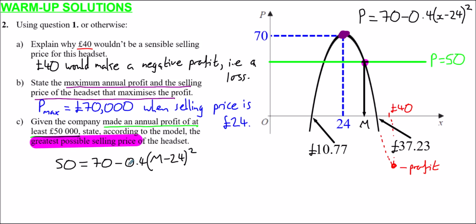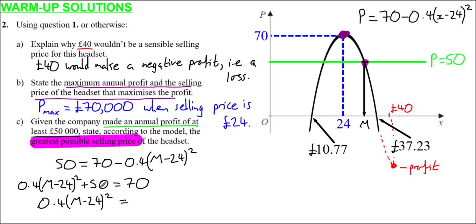So add 0.4(m minus 24) squared to both sides, gives us 0.4(m minus 24) squared plus 50 equals 70. Next, we can subtract 50 from both sides, so 0.4 brackets m minus 24 all squared equals 70 take away 50, that gives us 20.